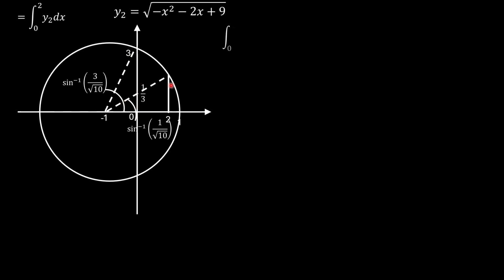In other words, the area covered by this circle y2 is the area of the trapezium plus the area of the sector minus the area of this triangle. And the area of this triangle is the area of the bigger triangle here minus the area of the smaller triangle here.